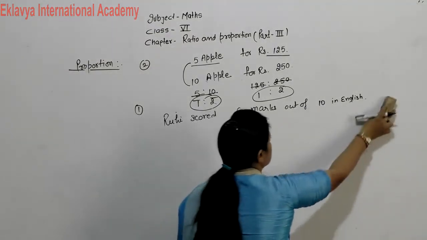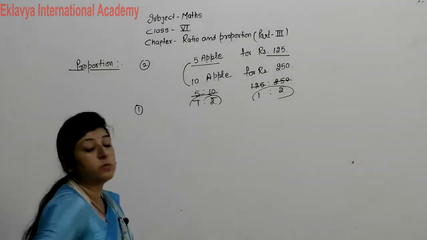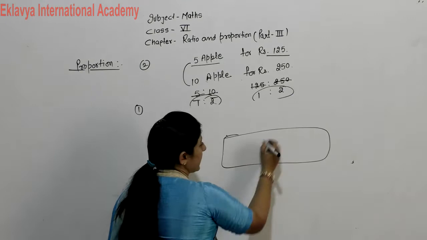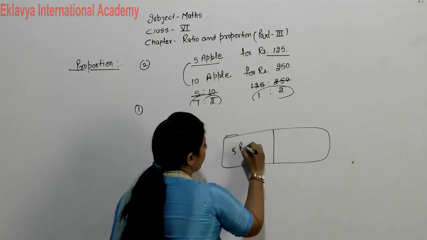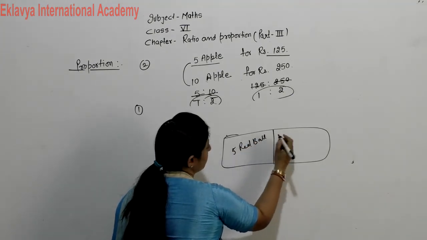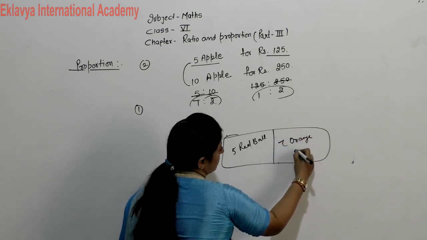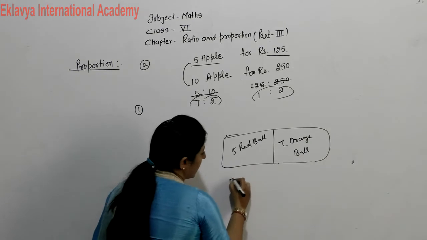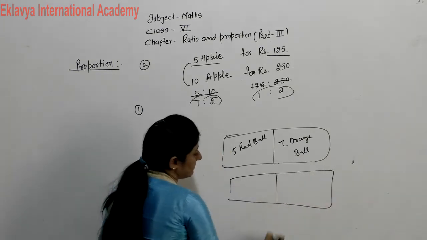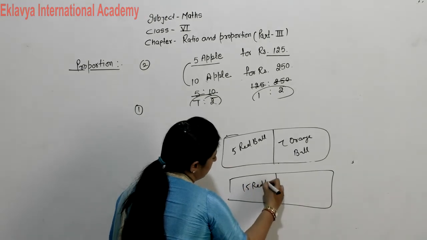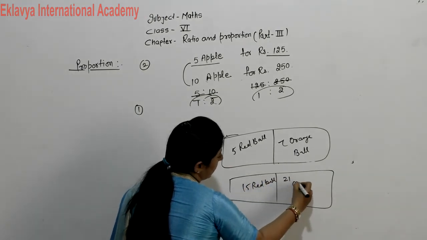Suppose in a basket there are two types of balls. In one basket there are 5 red balls and 7 orange balls. In another basket there are 15 red balls and 21 orange balls.